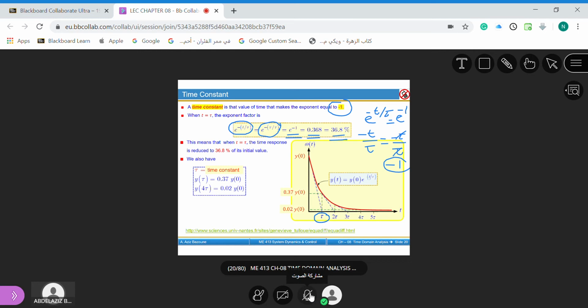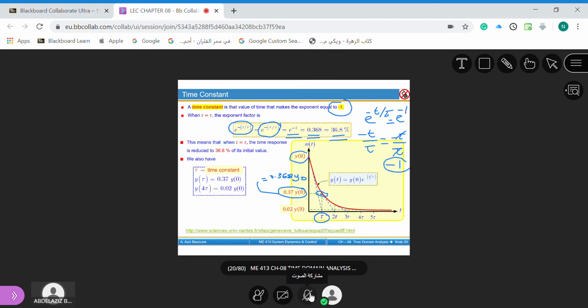If the original value is y0, at this value of tau the response falls to 0.368 of y0. This is the value of tau.